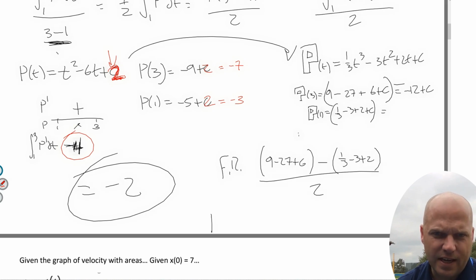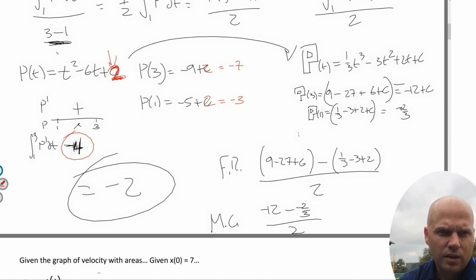Cool. But let's say it's a multiple choice question. We got to simplify. This is minus 1, 1/3, minus 1. So minus 3/3. So that's minus 2/3. So I got my ending position minus my starting position. So you got to think like negative 2/3 to negative 12.